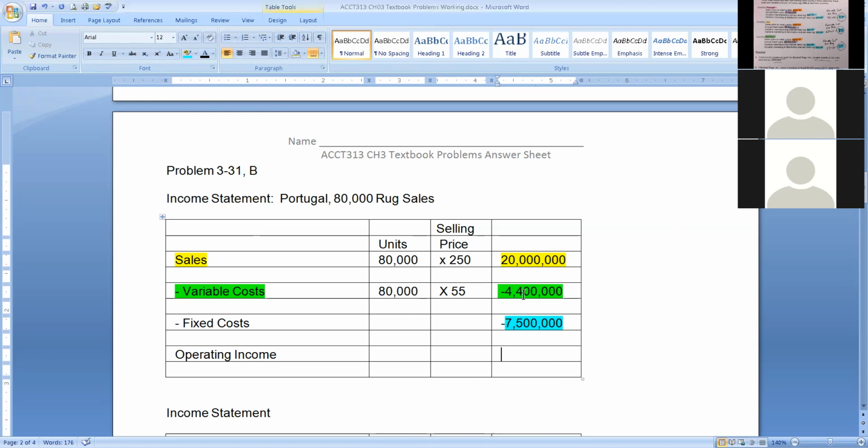So 20 million minus 4,400,000 minus 7,500,000 comes out to $8,100,000.